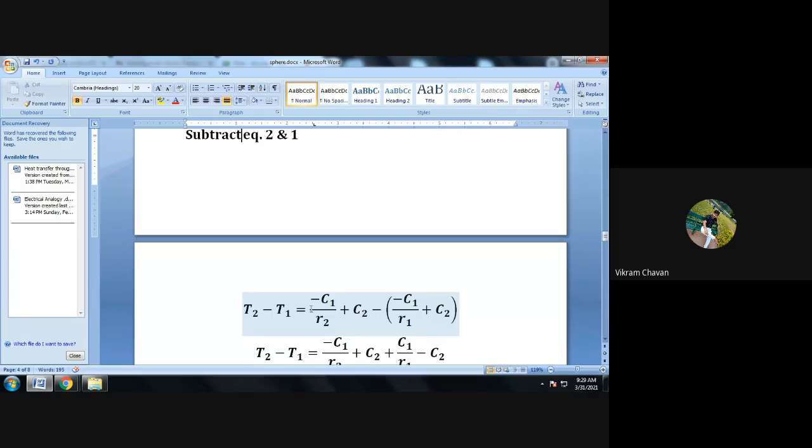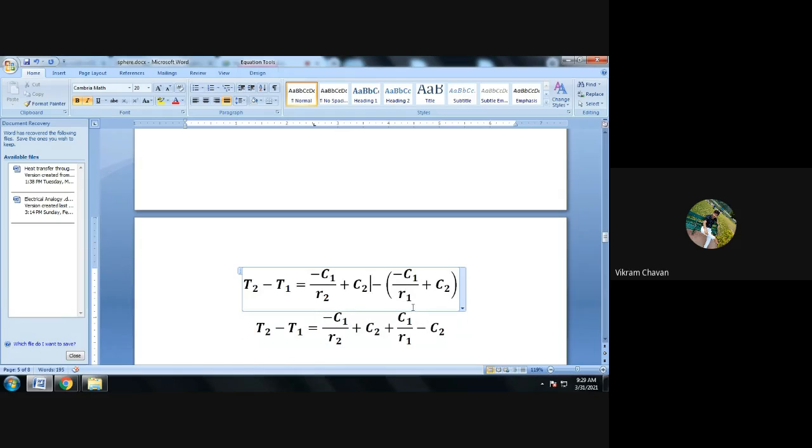This is our first part, minus C1 divided by R2 plus C2, from the second equation. Now we are performing the subtraction, so the first equation will be minus of bracket minus C1 divided by R1 plus C2.